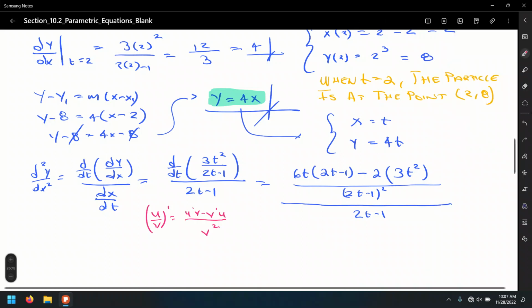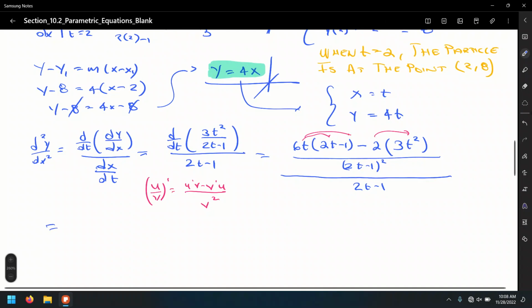All right? Okay, let's simplify this. Let's use the distributive property here. 6 times 2, that's 12t squared, minus 6t, minus 2 times 3, that's 6t squared. The whole thing divided by 2t minus 1 over 1. I'm going to put that placeholder 1 right here, and what I'm going to do next is multiply by the reciprocal.